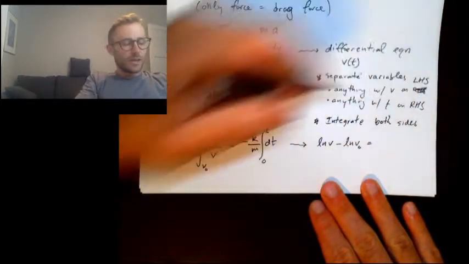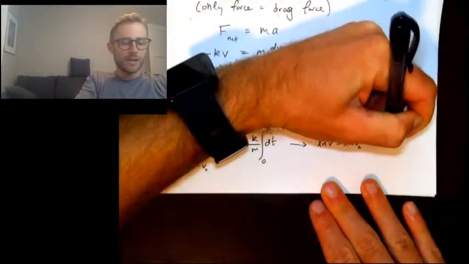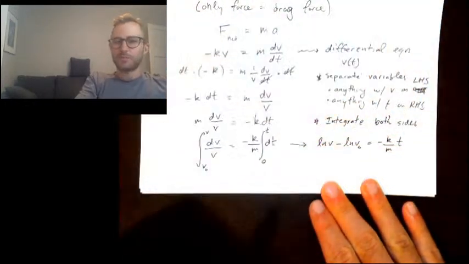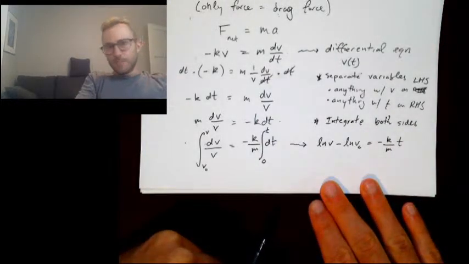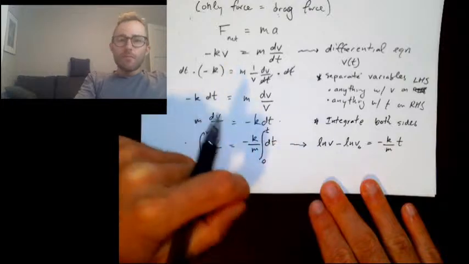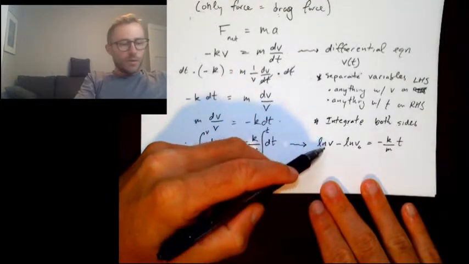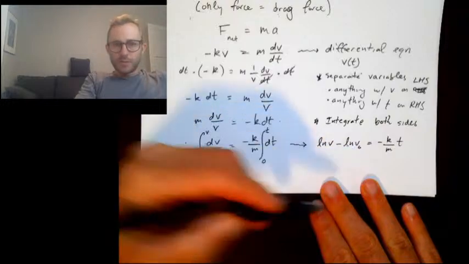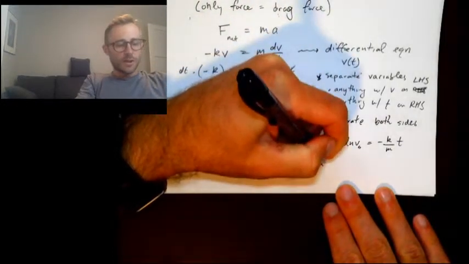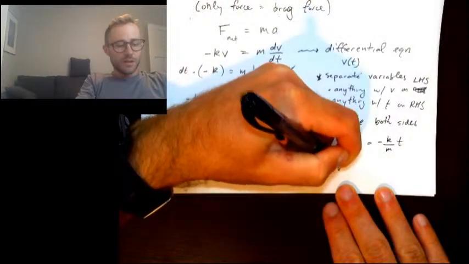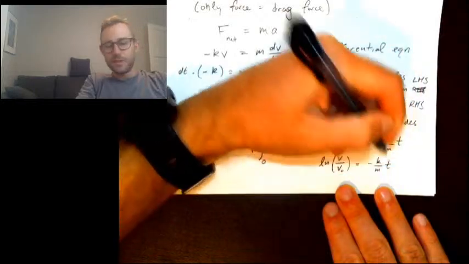And on the right-hand side, k and m don't depend on t, so I just have minus k over m times the time elapsed. All right. Now, when I subtract logarithms, that's the same thing as dividing the arguments. So I get natural log of v over v naught equals minus k over m times t.